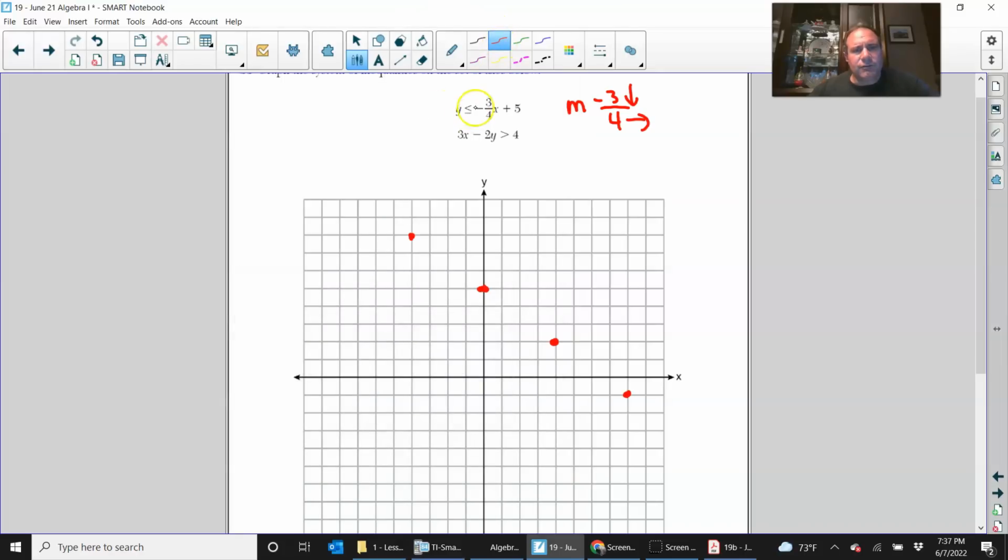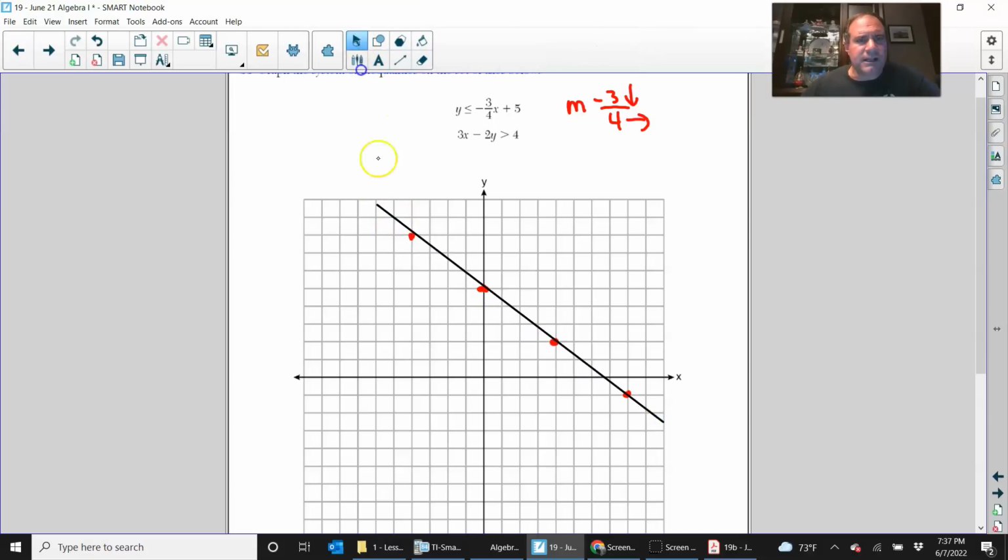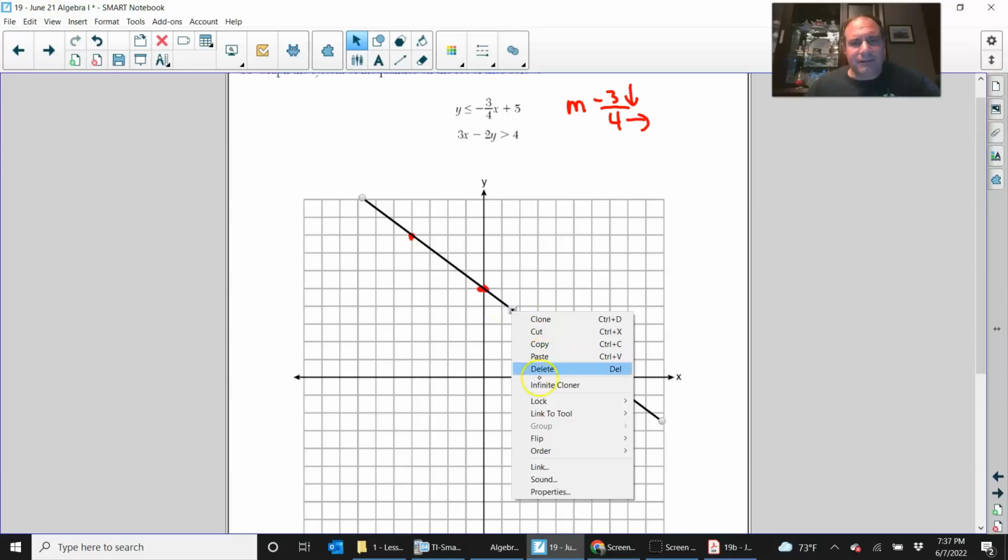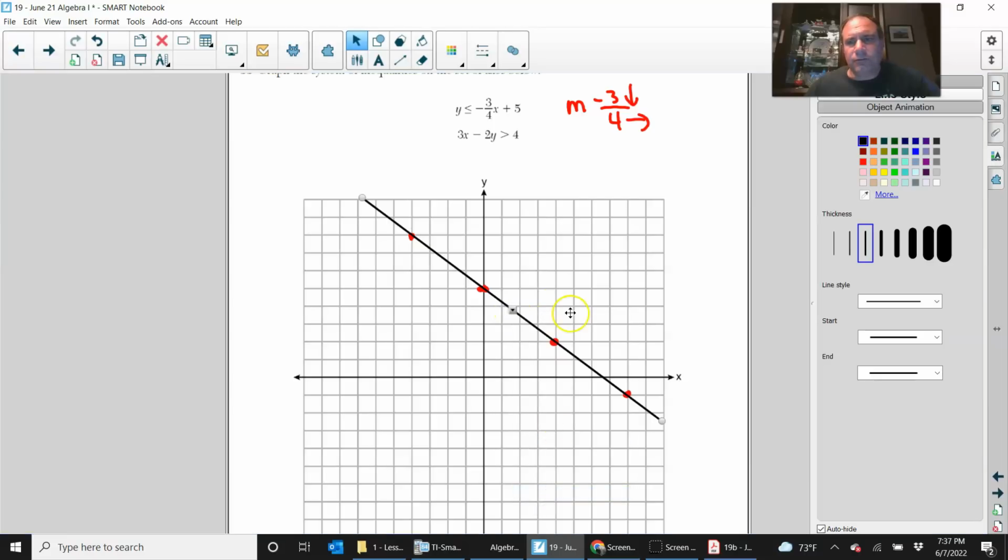And if it's or equal to, just remember, it is a solid line. So that is a solid line. I'm going to graph my line like this. I'm going to straighten it out, just like this. And I'm going to leave it solid only because that is an or equal to.